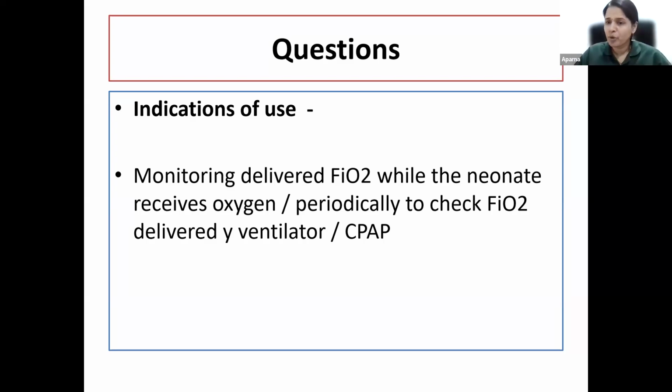CPAP is also not a very good mode for a baby who is hemodynamically unstable or in shock, where you would want to provide mechanical ventilation to the baby. And again, you may be a little wary about the use of CPAP in a baby with severe PPHN. Most of these babies may require higher modalities such as pulmonary vasodilators, inhaled nitric oxide, and may benefit from intubation and mechanical ventilation.